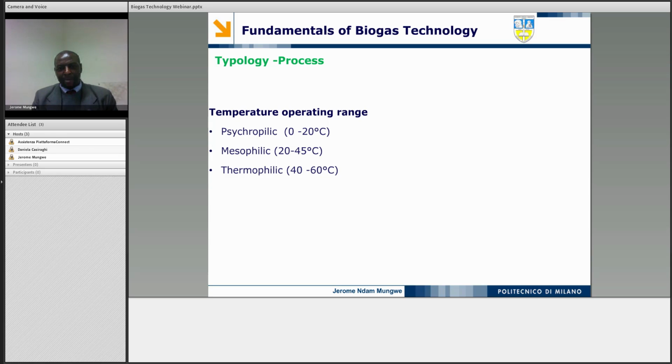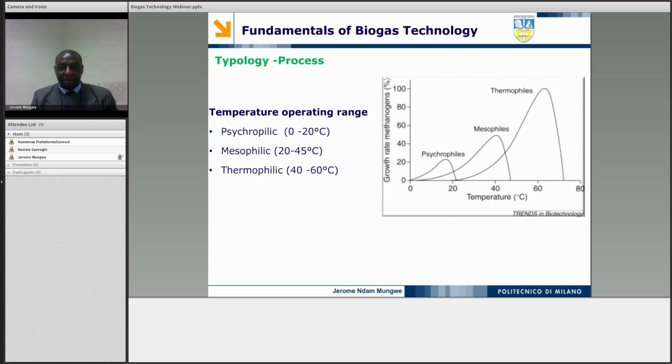Through this, we can have a psychrophilic process which operates within 20 degrees Celsius of temperatures, a mesophilic process which operates between 20 and 45 degrees Celsius of temperatures, and the thermophilic range. In the graph, we have these operating temperatures, and we can see from the graph that, for example, the mesophilic process, the optimum is between 30 and 40 degrees.